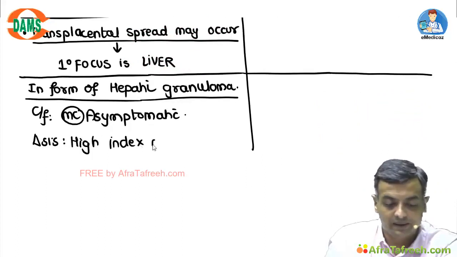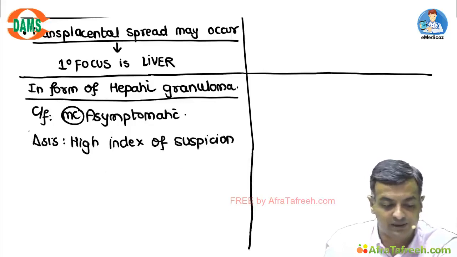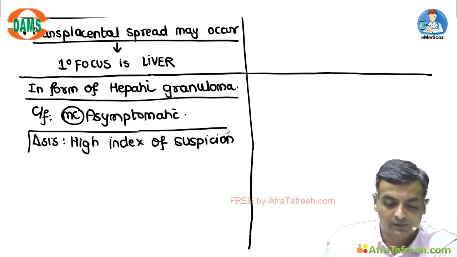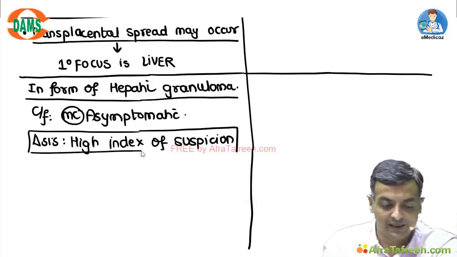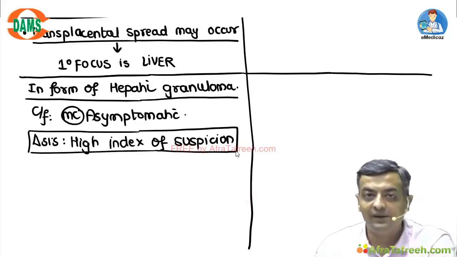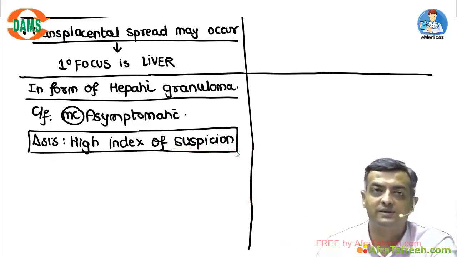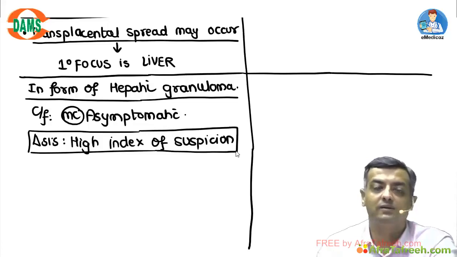Whenever you have a child, rather the mother will tell you that during the pregnancy I was having tuberculosis. Can you check whether my child has tuberculosis? That is the common question.